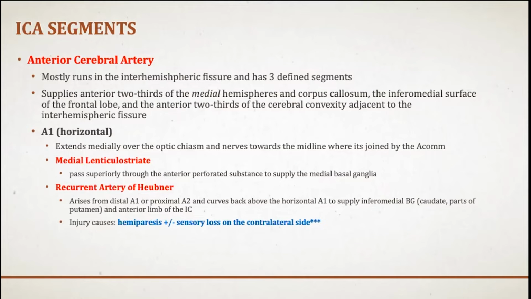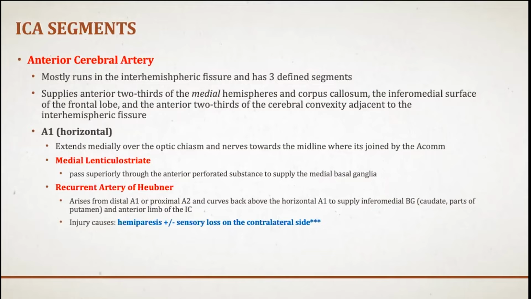So the recurrent artery of Heubner is very important when you're discussing aneurysm surgery. If you're clipping an anterior communicating artery aneurysm, the A1 is something you have to identify during your dissection. The recurrent artery of Heubner is something you have to identify during your dissection, because that's one major vessel that you cannot ignore during your surgery.